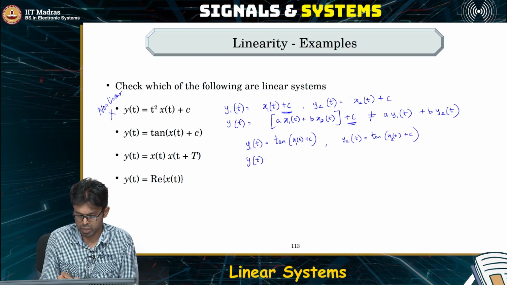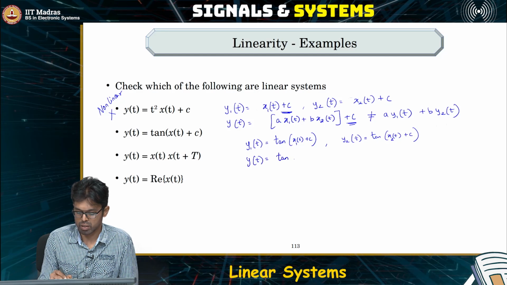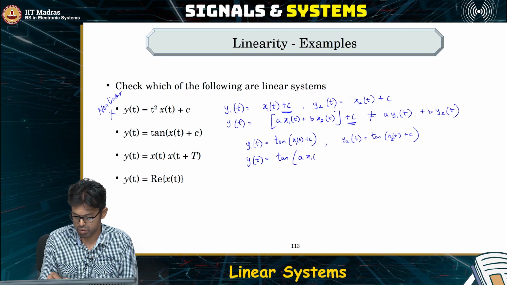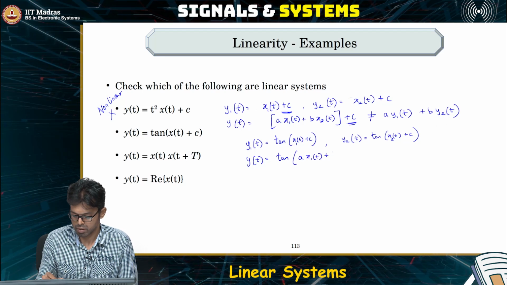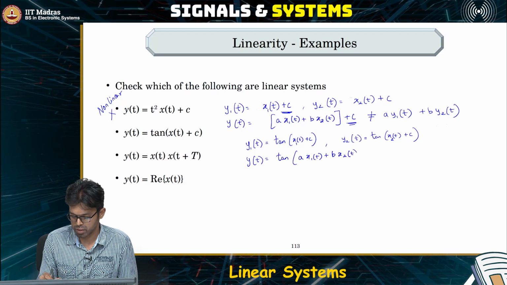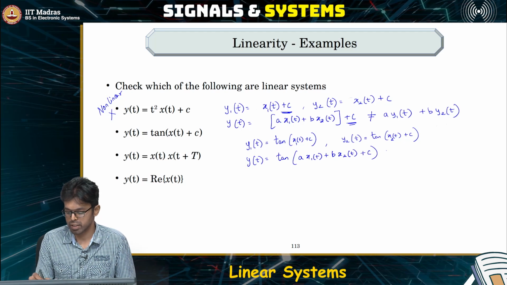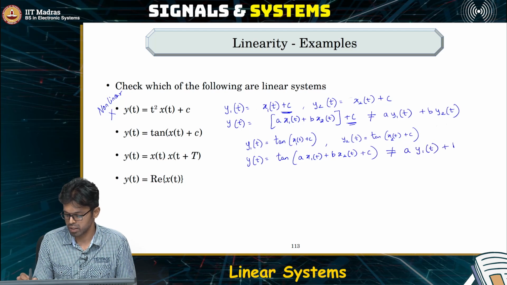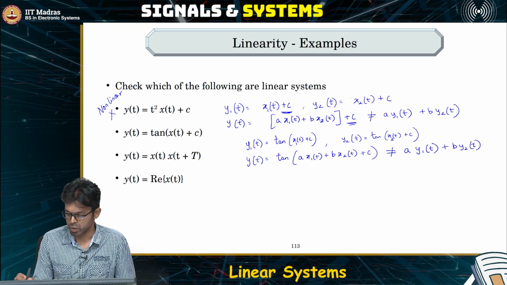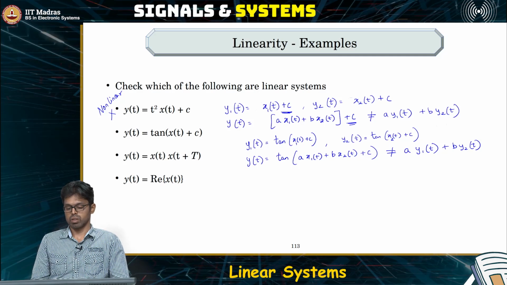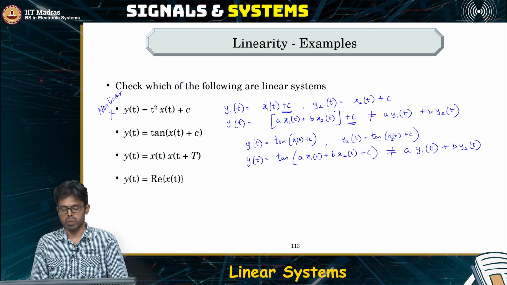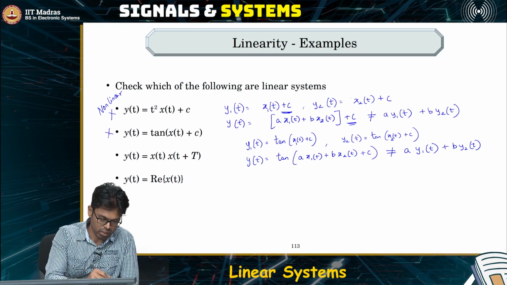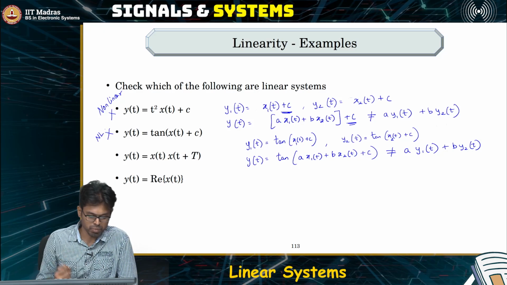Now y of t is tan of a x1 of t plus b x2 of t plus c. Once again, this is clearly not the individual terms added together, right? Because tan of theta plus phi is not equal to tan theta plus tan phi. So once again, this is also a non-linear system.